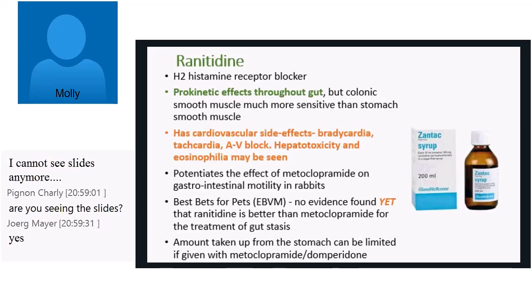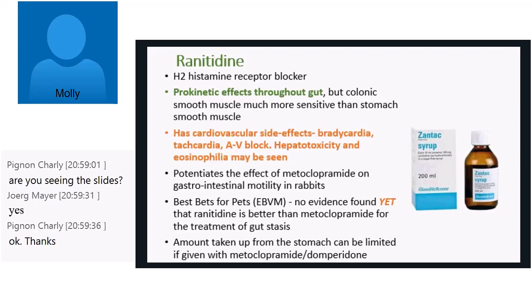However, again, this drug has side effects, and it can have quite significant cardiovascular side effects. So bradycardia or tachycardia, atrioventricular block. It is also potentially hepatotoxic, and we can have sort of allergic type reactions to it. So while it's very useful, it is not without its own issues.